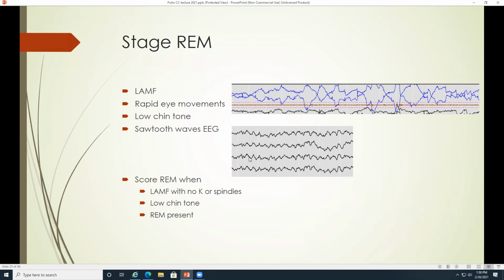They don't have to be there, but they usually are. You want to score REM sleep when there is low amplitude mixed frequency, no K complexes, no spindles, low chin tone, and rapid eye movements are present, okay? If they give you an example on your boards, it will have obvious rapid eye movements. It's not going to be some weird, subtle form of REM.